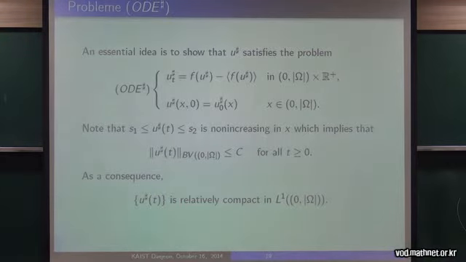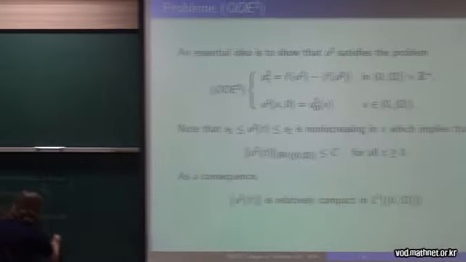So now we will use these properties firstly to show that the rearranged function in one space dimension, u sharp, satisfies exactly the same problem as u, namely the same non-local ordinary differential equation. So I apologize, I realize the notations have changed in the meanwhile.